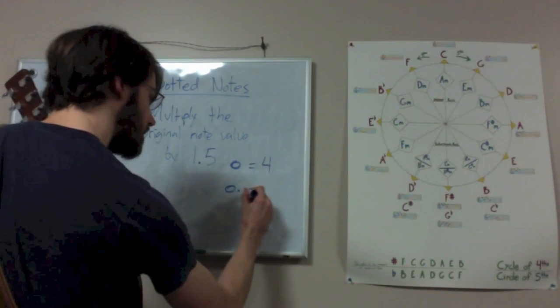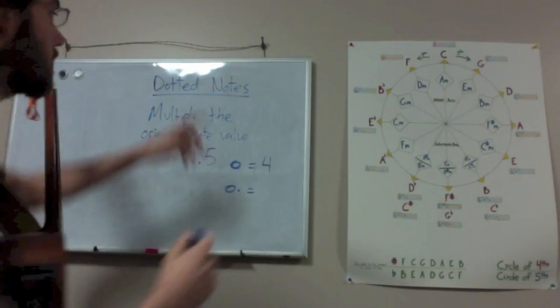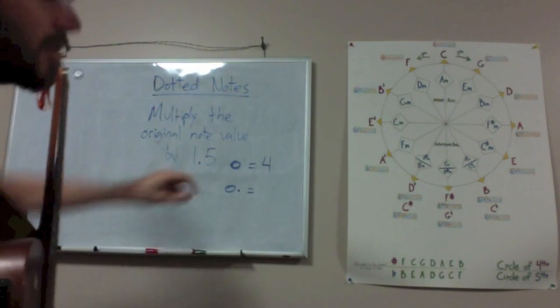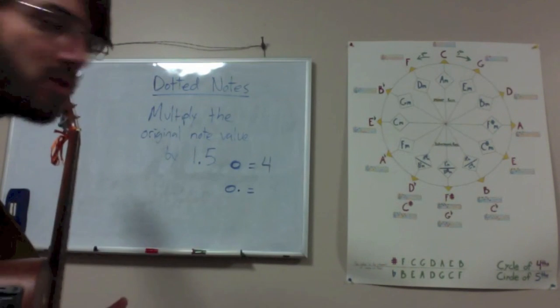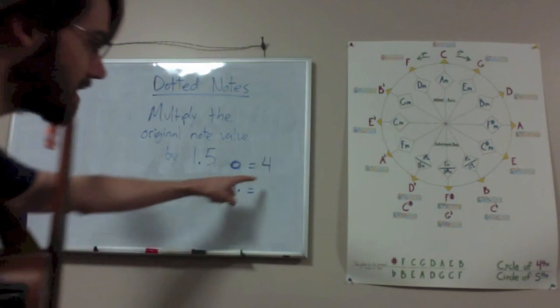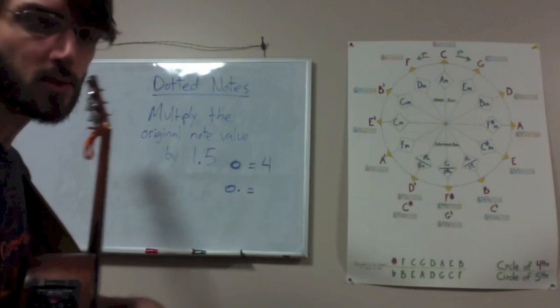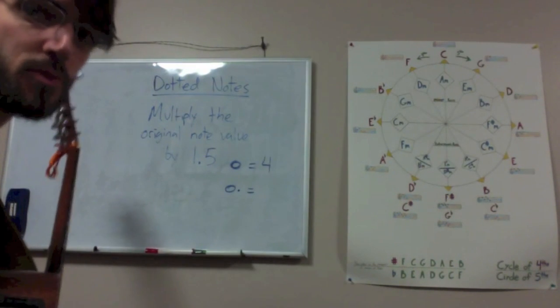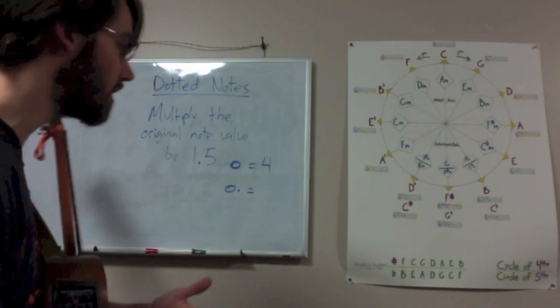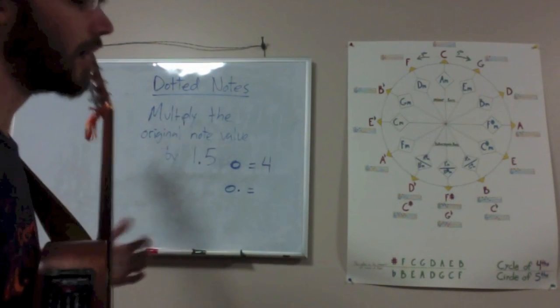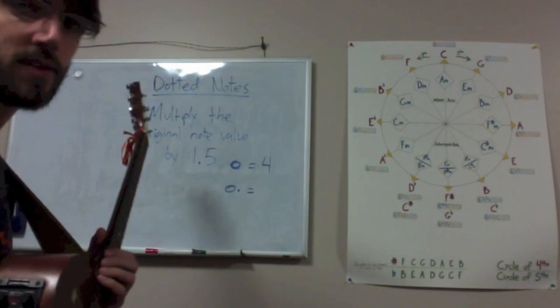Alright, so let's do this basic math here. A dotted note: multiply the original note value by 1.5. The original note value of a whole note, as we talked about in the first lesson, is 4. It takes up 4 beats. So when I play it, I count 4 beats before I'm done playing that note and I move on to the next thing. So we take 4 and multiply that by 1.5.